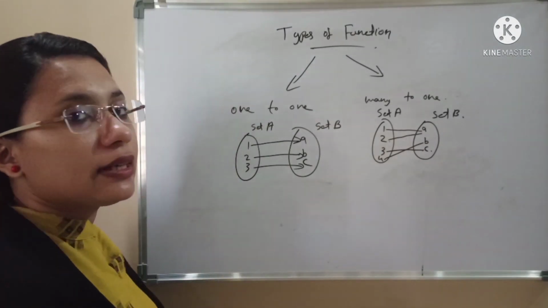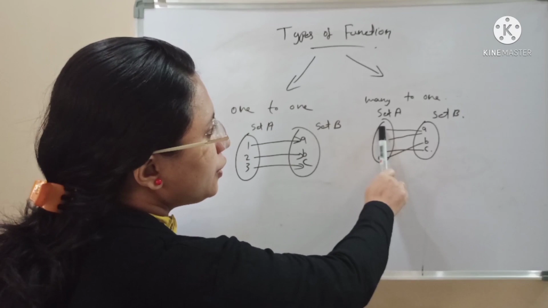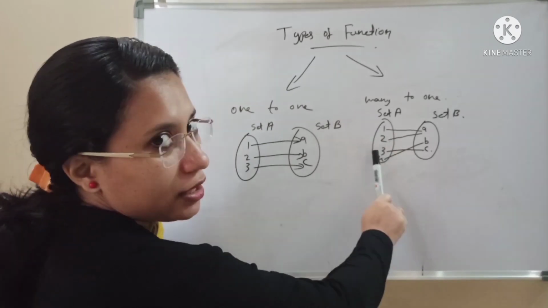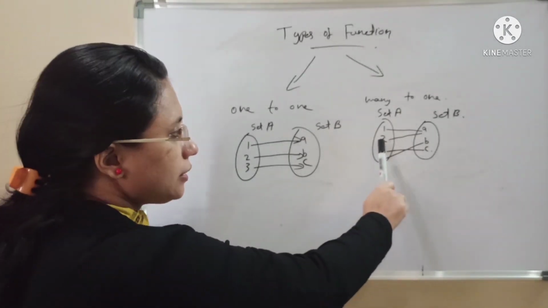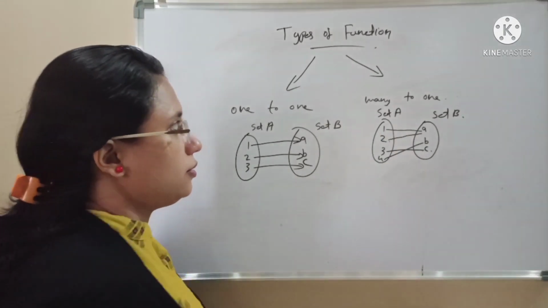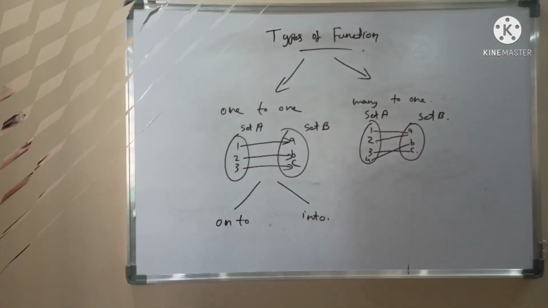That means many to 1. So there exists a relation many to 1. So that is the second category of functions.